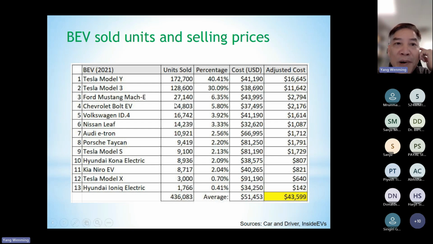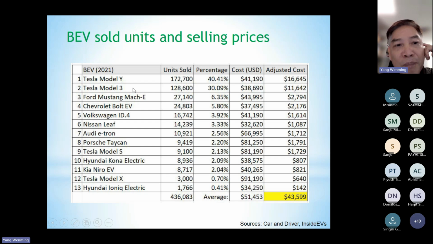Okay, so here we summarize the electric vehicles in the United States and also the price. The most popular model is the Tesla Model Y, and in 2021 they sold 172,000 units, and the market percentage is about 40.4%.